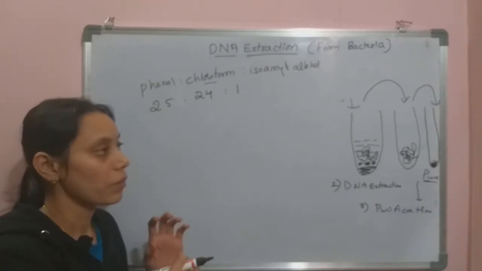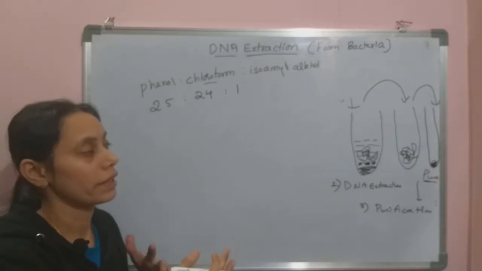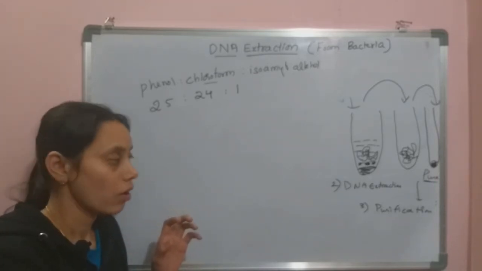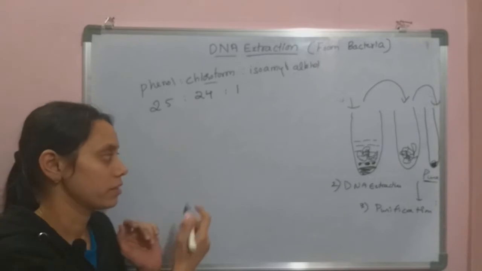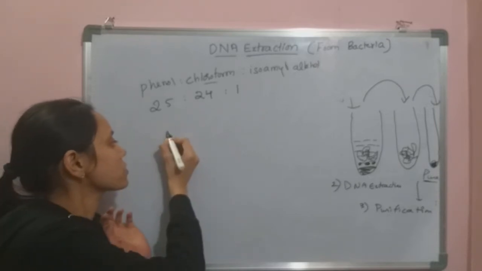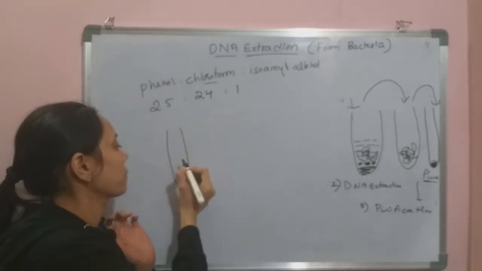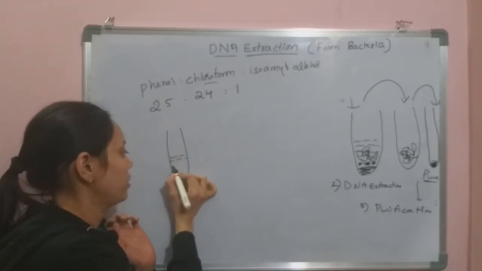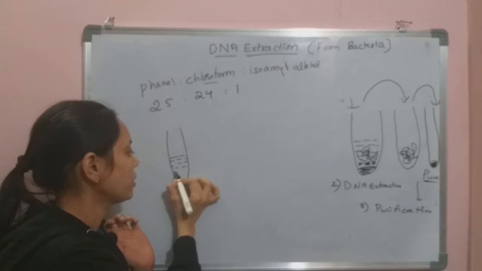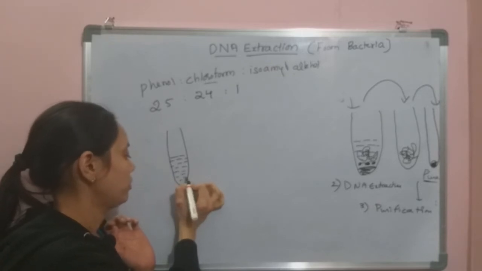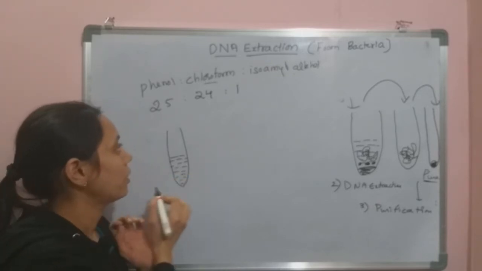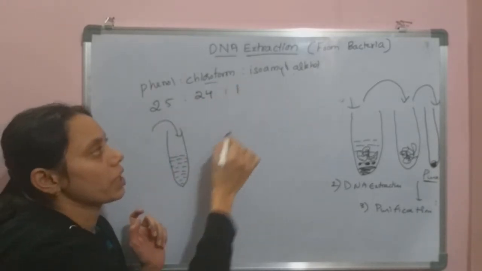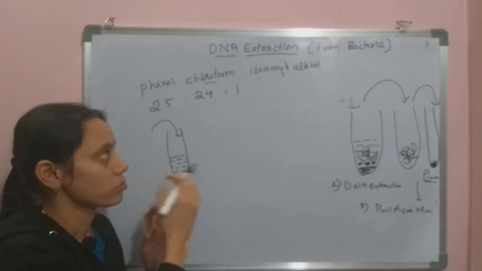In the previous process we had the cells treated with DNA extraction buffer, and to this we are going to add this phenol, chloroform and isoamyl alcohol solution.